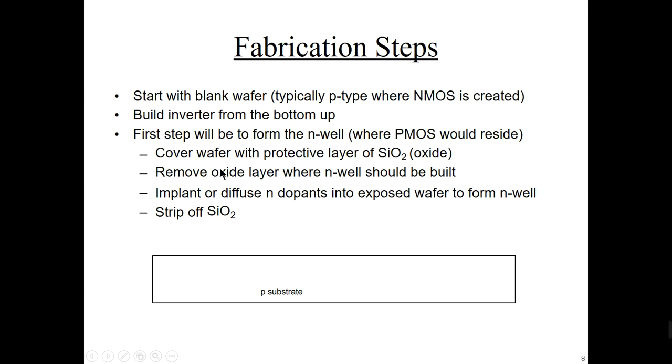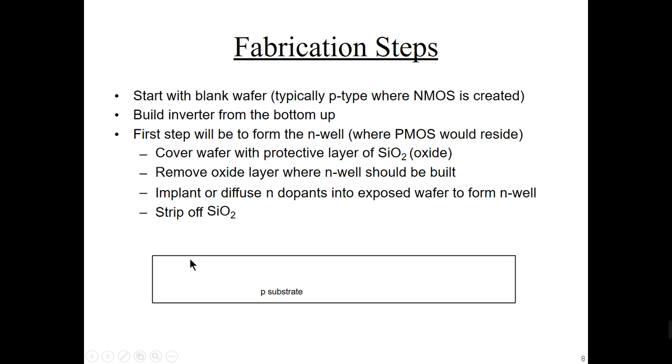In this case we are using the N-well process, and we cover the wafer with a protective layer of silicon dioxide, SiO2. After that we use different processes: remove the oxide layer where the N-well should be built, then implant or diffuse N dopants into the exposed wafer to form the N-well. After that, strip off the SiO2.